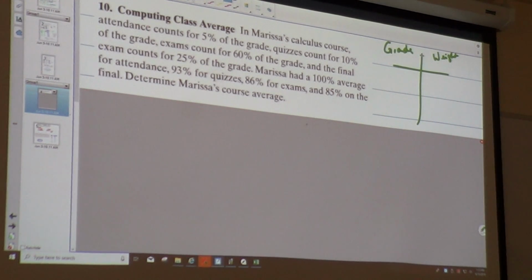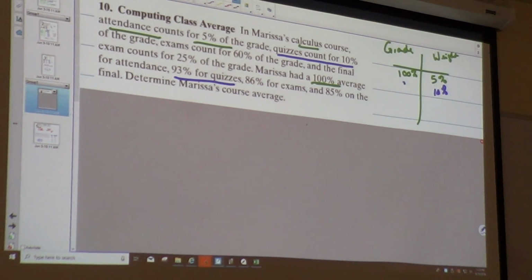What's the first one? Calculus counts 5%, and what do we make in calculus? Oh, attendance. Attendance is 5%. What do we make in attendance? 100. And then quizzes are 10%, and we made a 93 for quizzes.